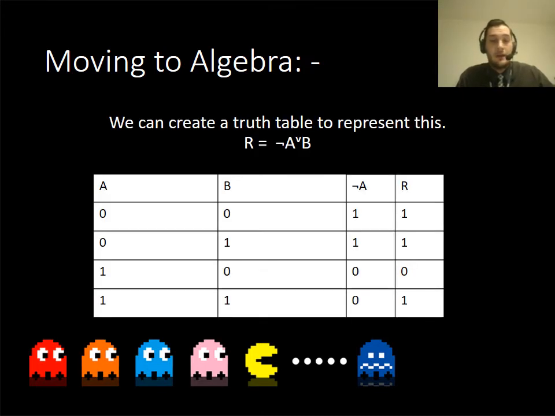So what we have here is my inputs, A and B, and then I put another column in to represent the value of NOT A. Our input was off, so the signal was inverted, and we've got that there. So now I've got to do NOT A OR B.